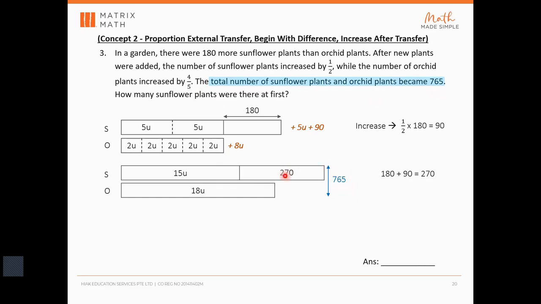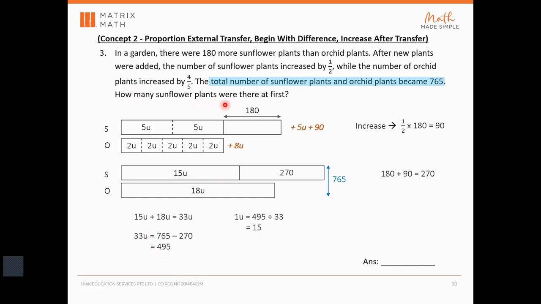So 765 minus 270 will give us a total of 15U and 18U, which is 33 units. So 33 units is 765 minus 270, which is 495. To find 1 unit, we take 495 divided by 33. That will give us 15.